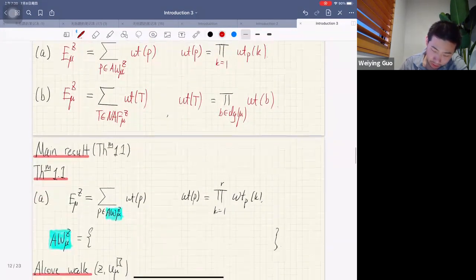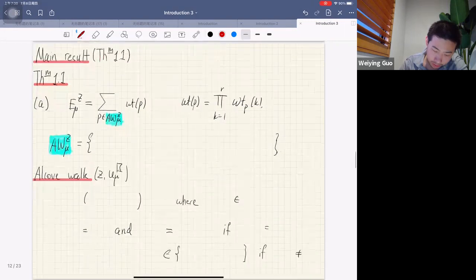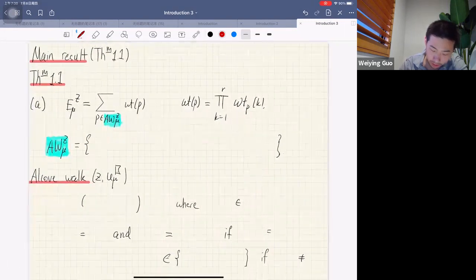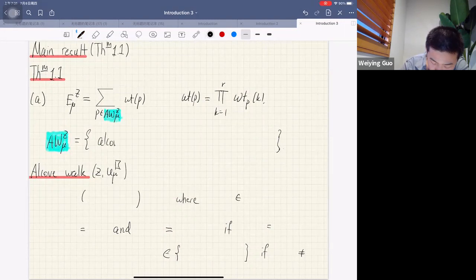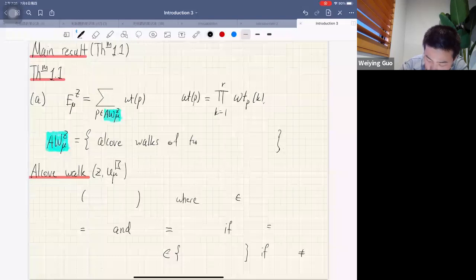Now let us look in detail at what those alcove walks really are. The alcove walks AW_{mu,z} are the set of alcove walks of type z u mu box, let's say.